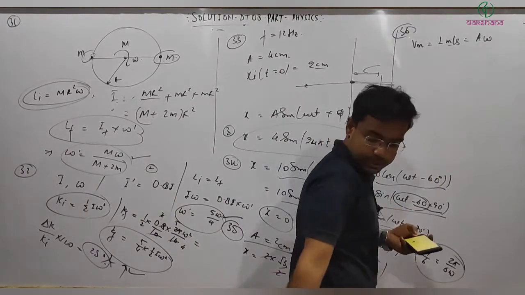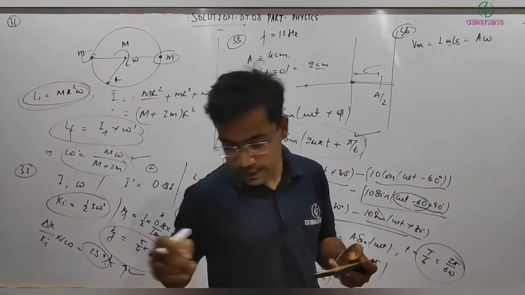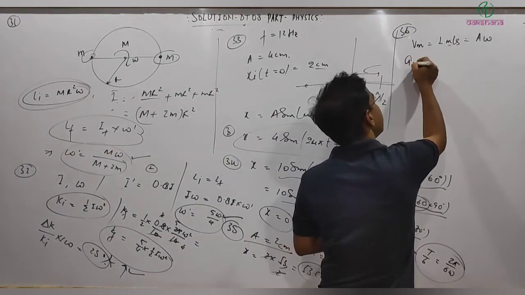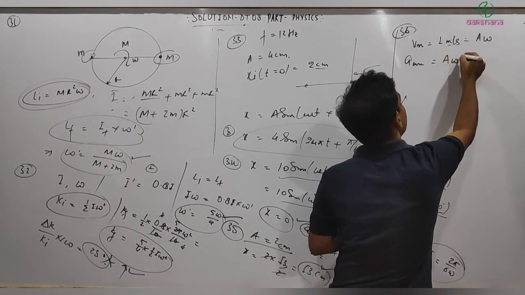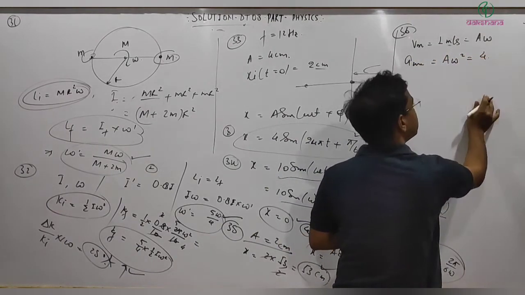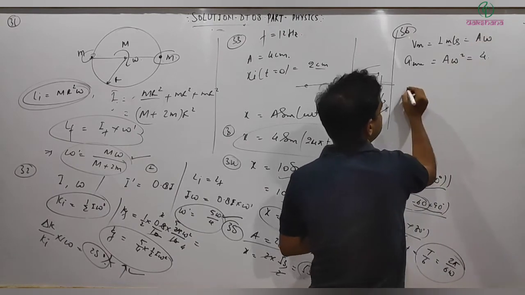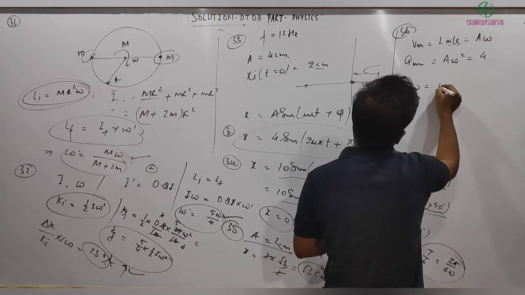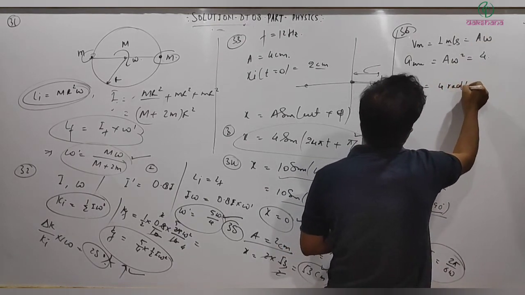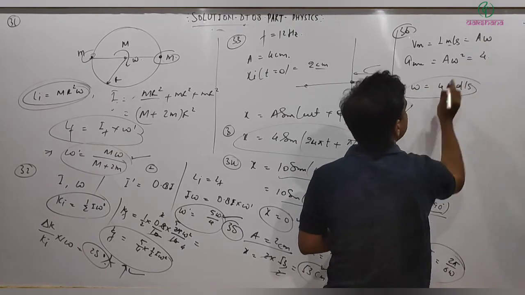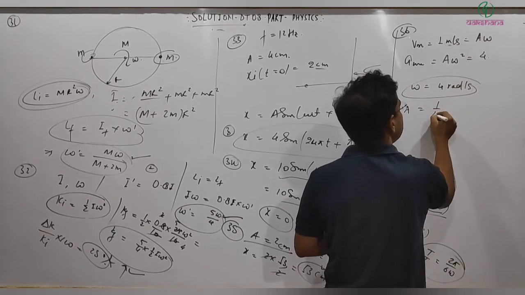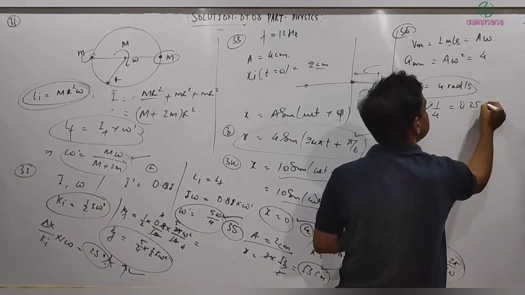So maximum acceleration, that means A max is A into omega square, that is given as 4. Just dividing this by that, omega is coming out to be 4 radian per second, and substituting here, amplitude is coming out to be 1 by 4, that is 0.25 meter.